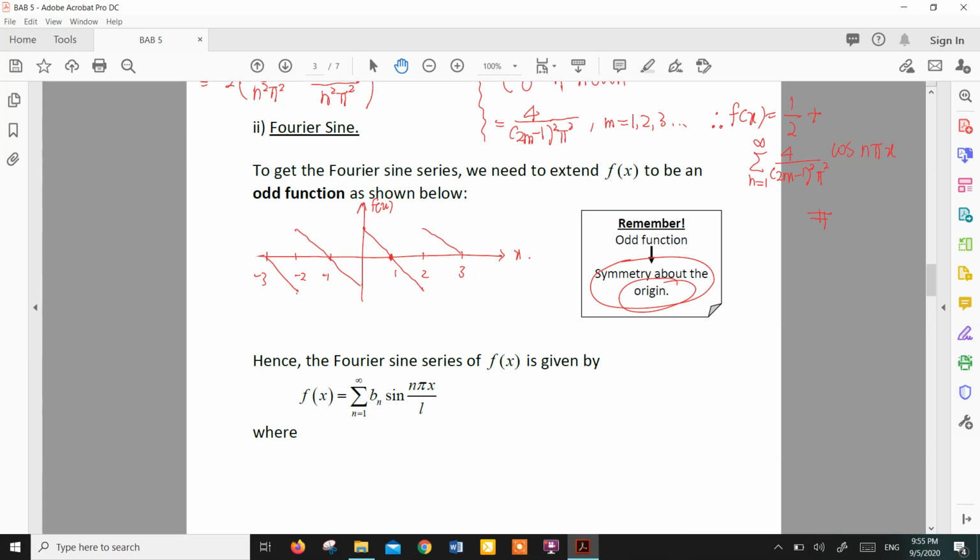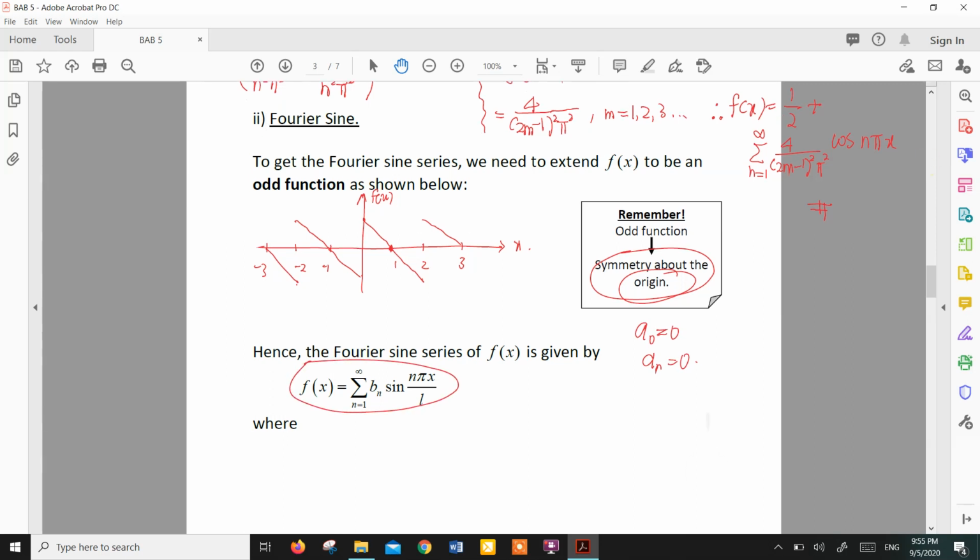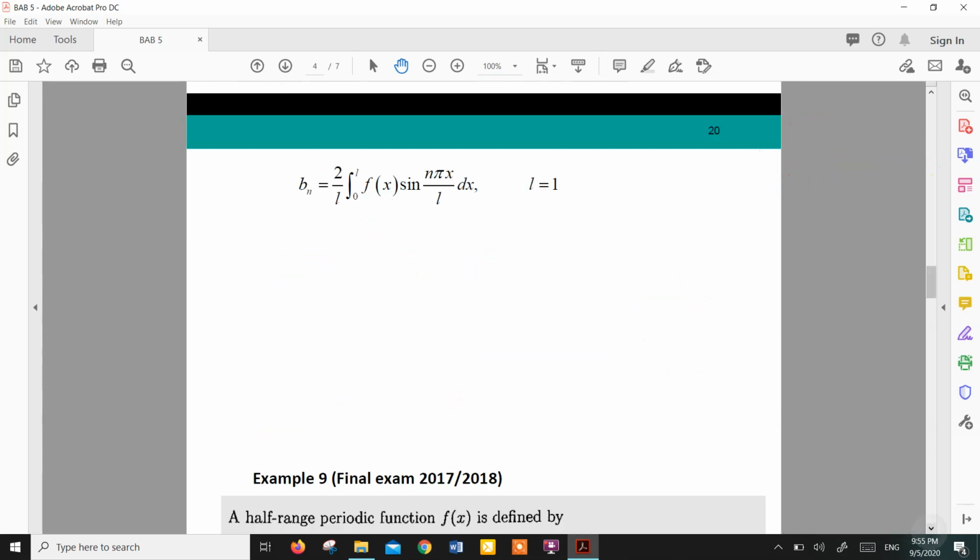So after you draw the graph, you need to find the Bn. Since it is an odd function, a0 is equal to 0 and an is equal to 0, so you only are left with Bn, right? So this is your formula, where Bn is equal to this formula and L is equal to 1, so you need to calculate Bn.